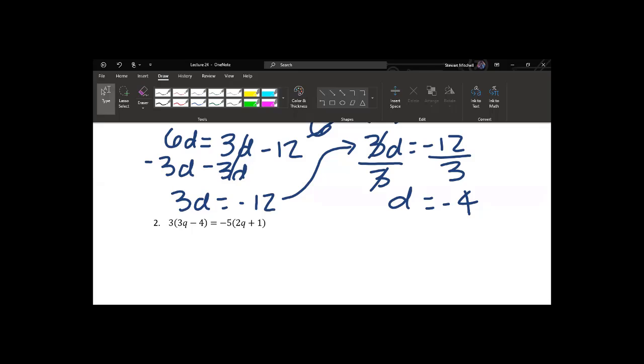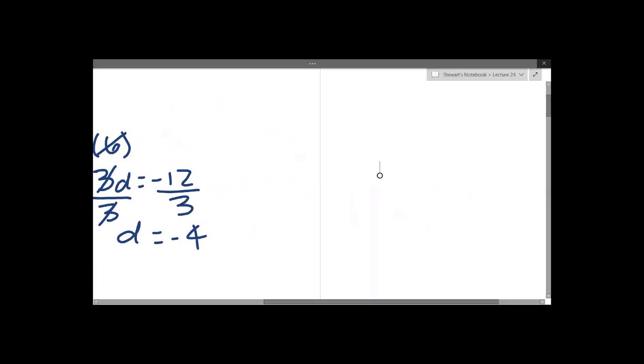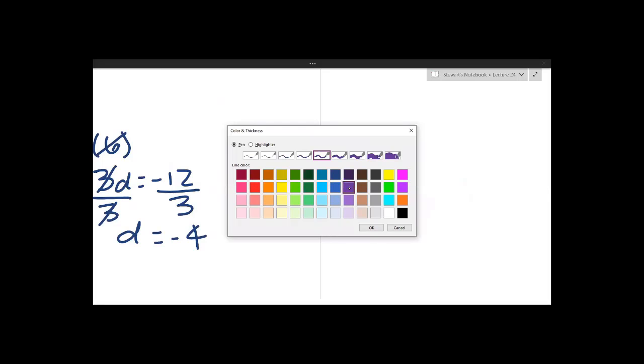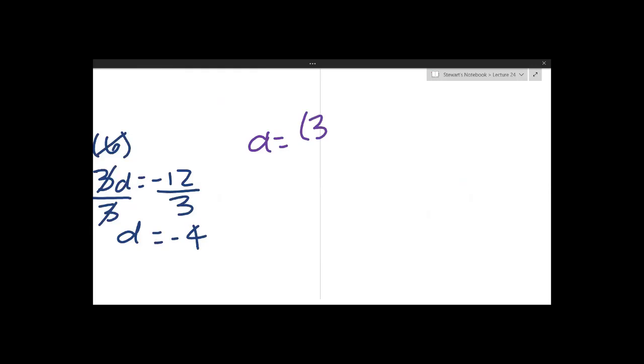Okay, another way you could do this, if you wanted to do it a different way, is think about this as saying if the whole quantity 3d minus 12 is being divided by 6, that means that each term in that quantity is being divided by 6.